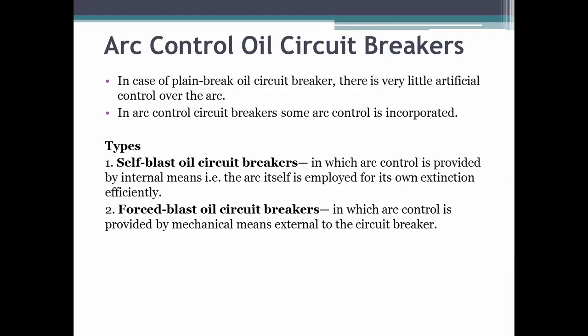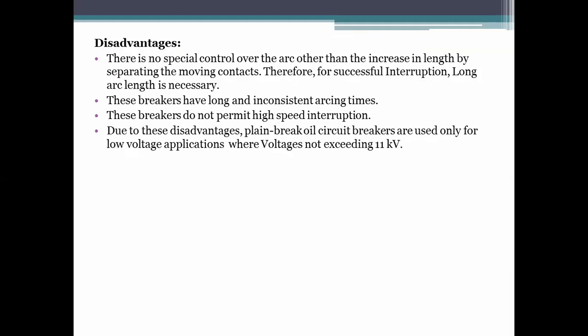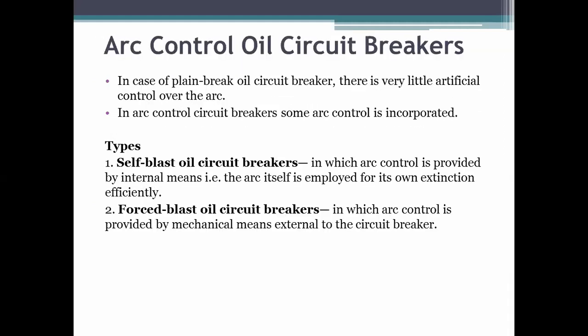Then the arc control oil circuit breakers. Up to plain we have completed. Arc control oil circuit breakers again have two types. The first is the self blast oil circuit breakers, and the second is the force blast oil circuit breakers. So what is meant by self? Self means the arc itself is used for the quenching, the extinction.